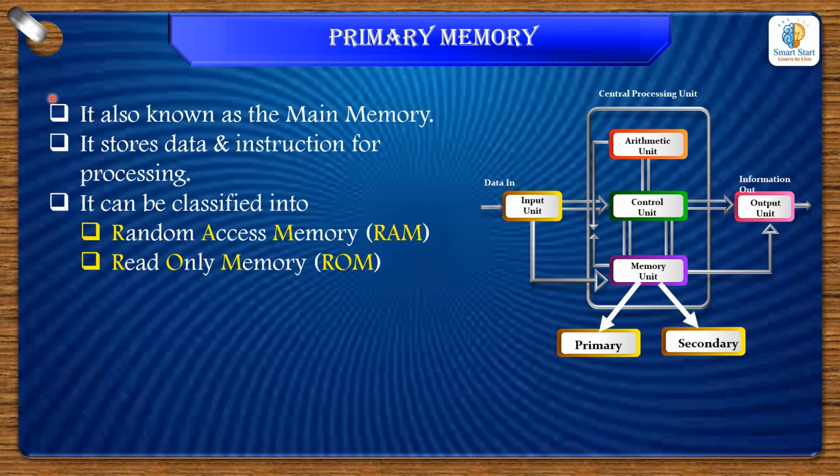Primary memory is also known as main memory. It stores data and instructions for processing. It can be further classified into RAM and ROM. RAM means random access memory. ROM means read only memory.